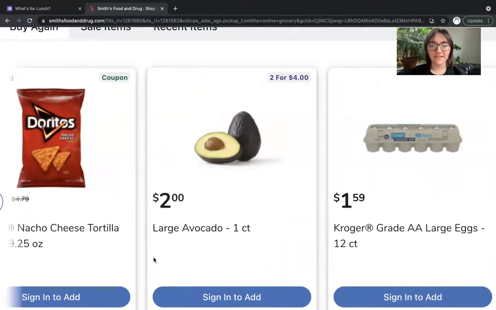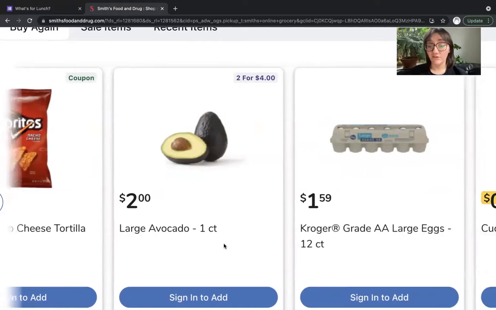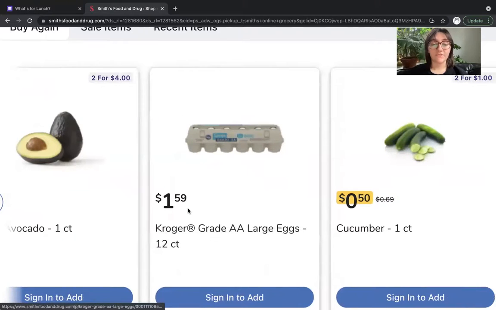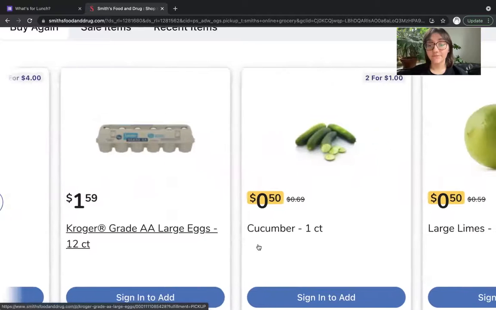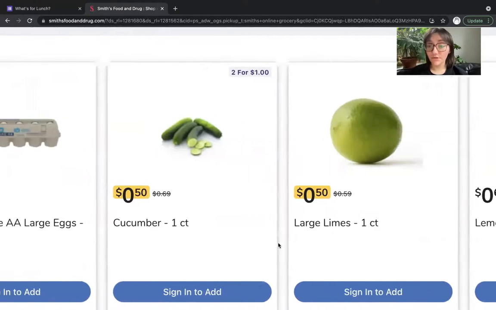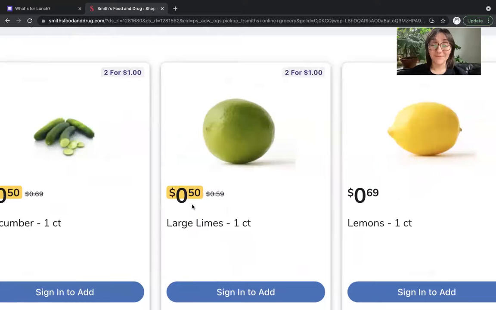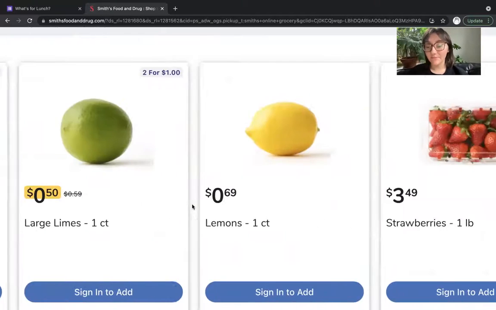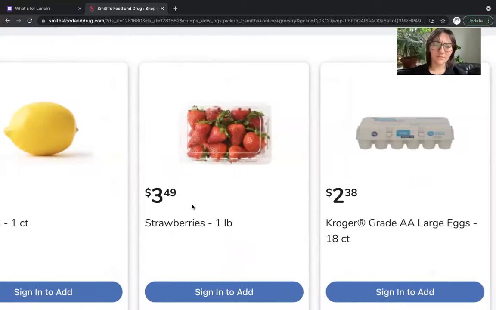And then this one says $2 for a large avocado, $1.59 for 12 count eggs, 50 cents for one cucumber, 50 cents for one lime, right? So we can keep on looking.